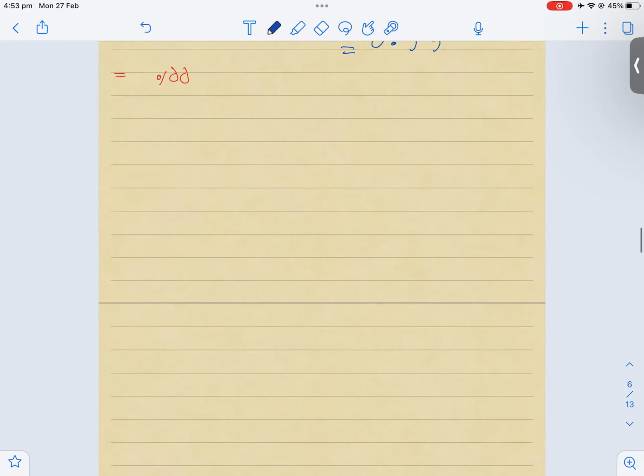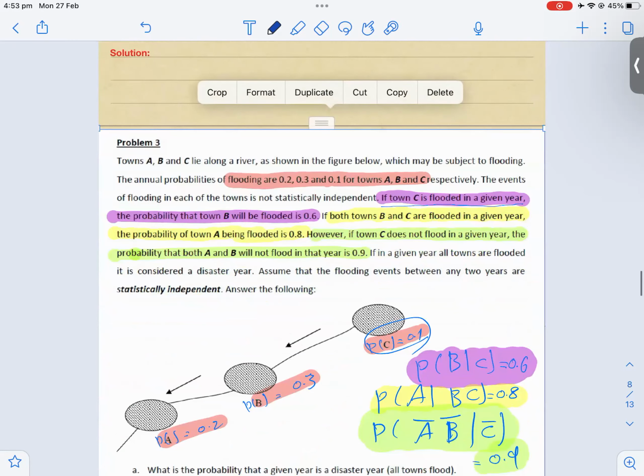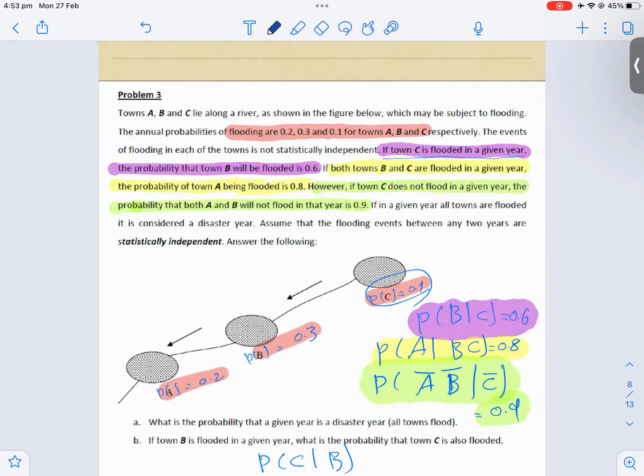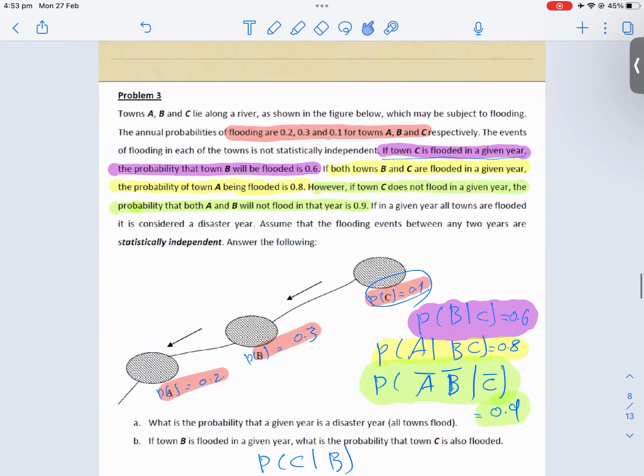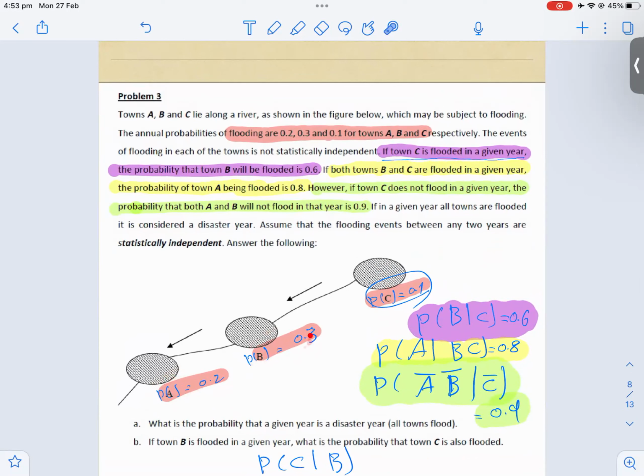Okay, so let's go to this question. This question says that we have 3 villages, A, B, C, alongside a river, and flooding in one of them might cause flooding in the other. You see that C is on the top.